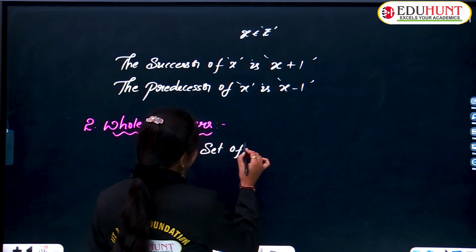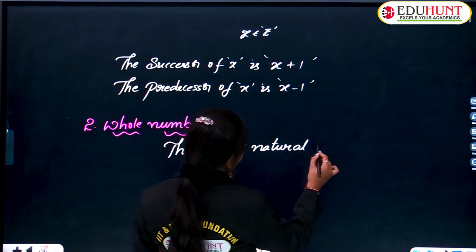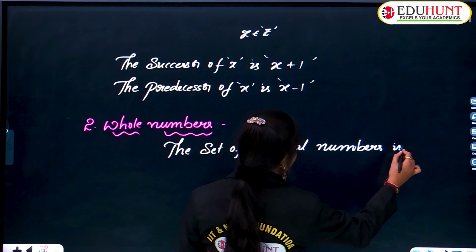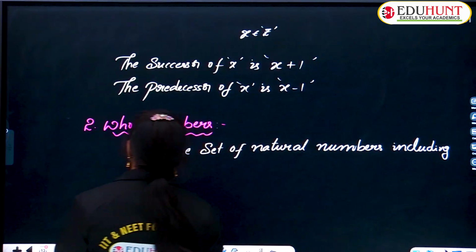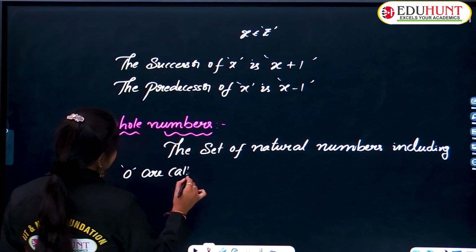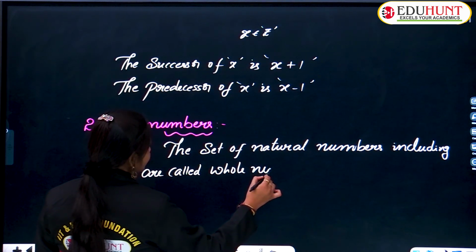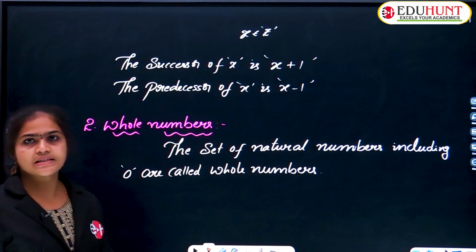The set of natural numbers including 0 are called whole numbers. Clear?